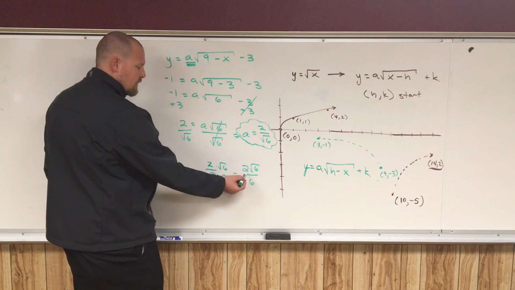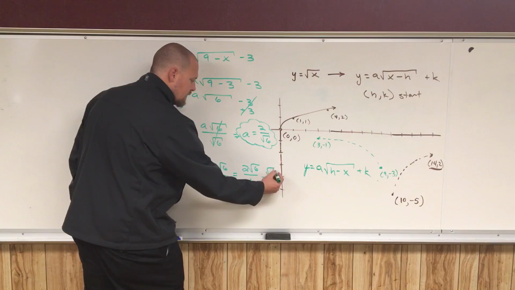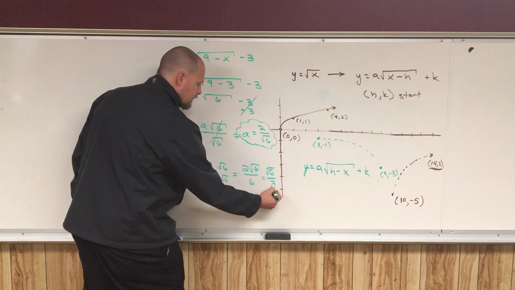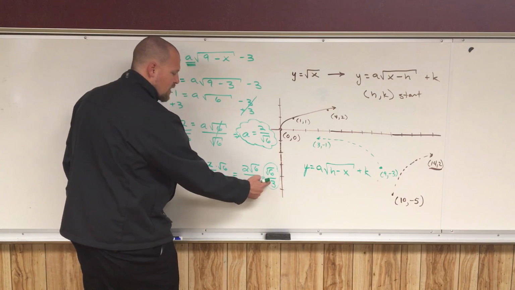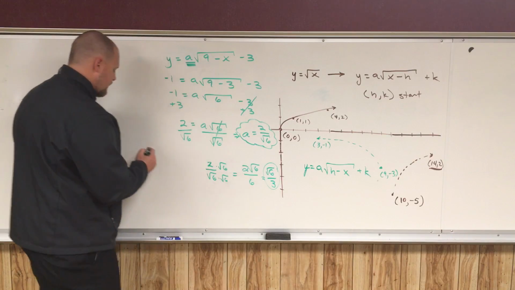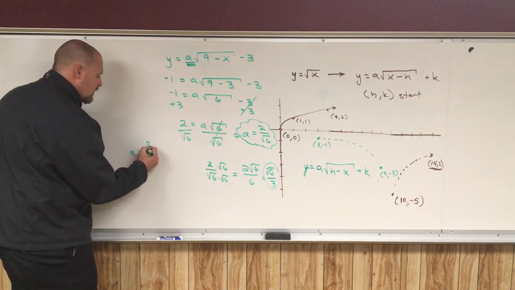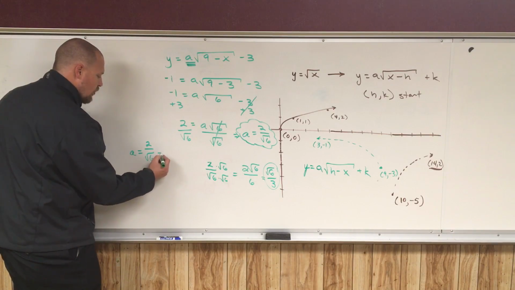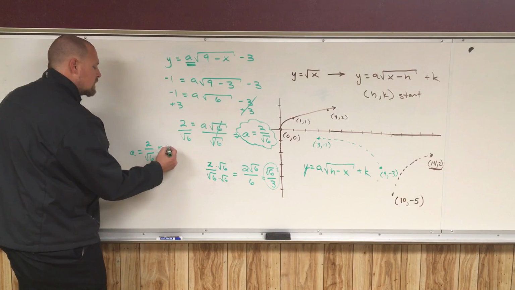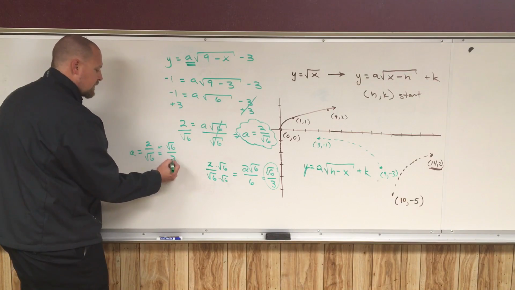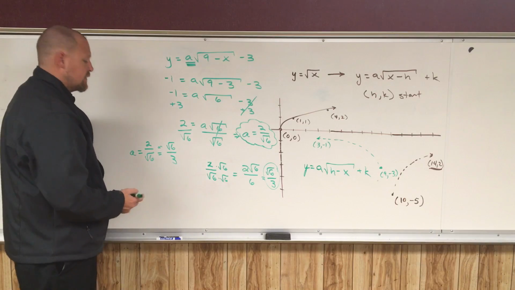And then this 2 and 6 reduce to a 1 and a 3. So that number and this number are identical. So a can either equal 2 over the square root of 6 or the square root of 6 over 3. I don't care which one you use.